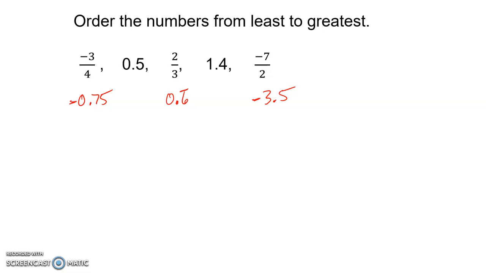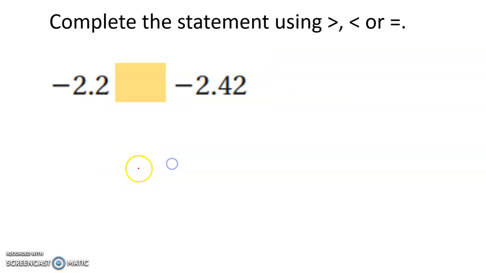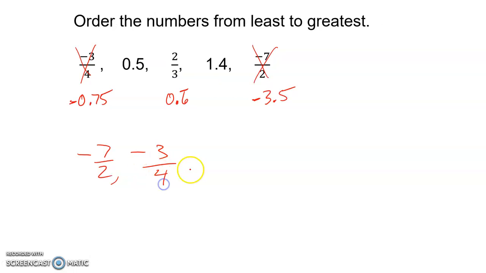So we're looking for the smallest. We have two of them that are negatives. The negative 3.5 is smaller, so it'd be negative 7 over 2. And then we would do the negative 3/4. Then we've got 0.5, 0.6, and 1.4. So 0.5 would be the next one.